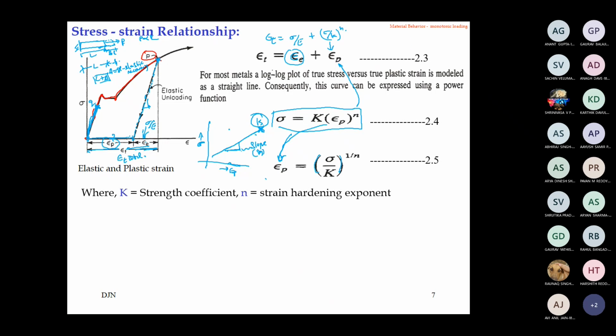So whenever we pull a material and release, in case of fatigue we have to apply cyclic load. Here cyclic strains are applied. I have to pull for a certain amount of deflection, some deformation.